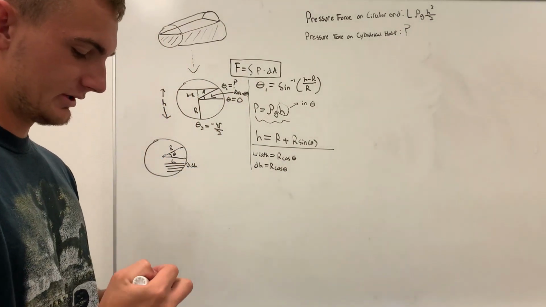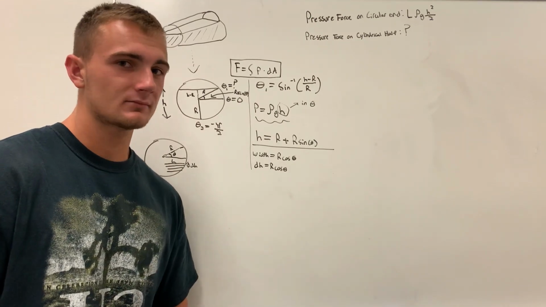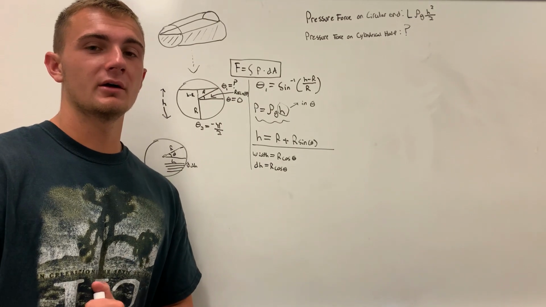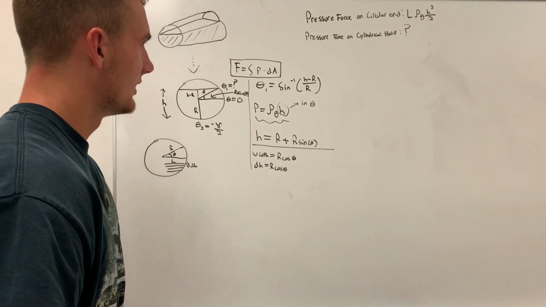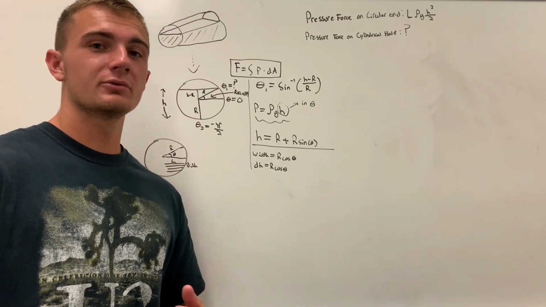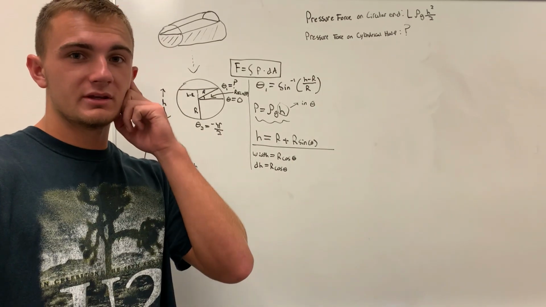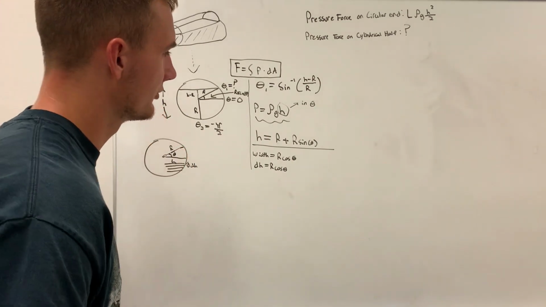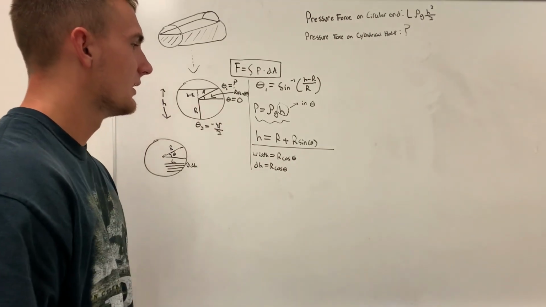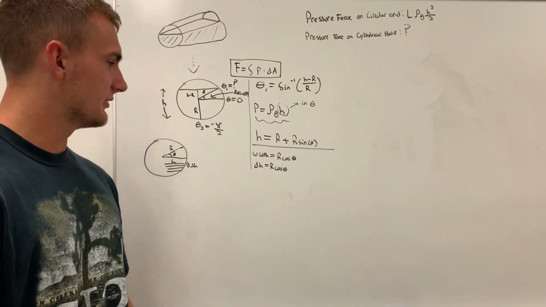So again, just to reiterate, we had to express all of this integral in terms of theta. We found our limits of integration first, because we needed to find theta 1. And to express pressure in terms of theta, we know that pressure is equal to rho g h. However, H needed to be expressed in terms of theta, so we found our expression for H by using our diagram here. And we also needed to express the differential area in terms of theta as well.